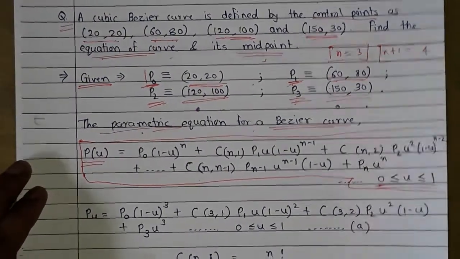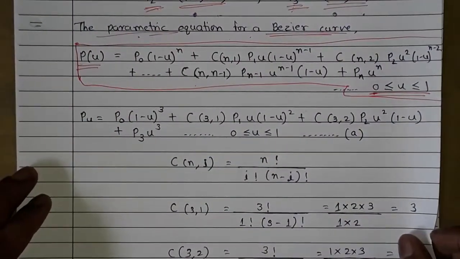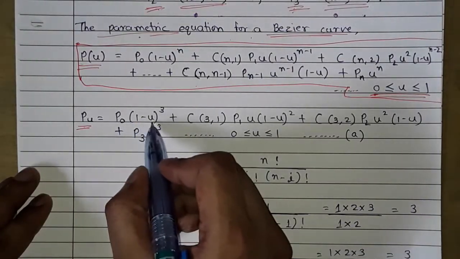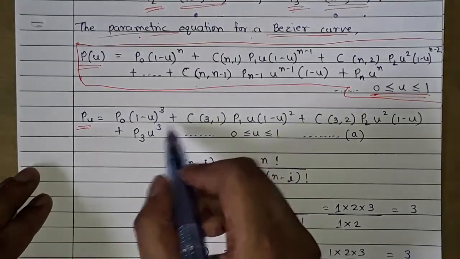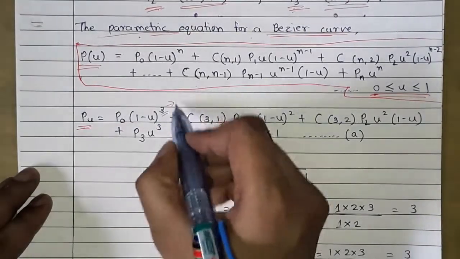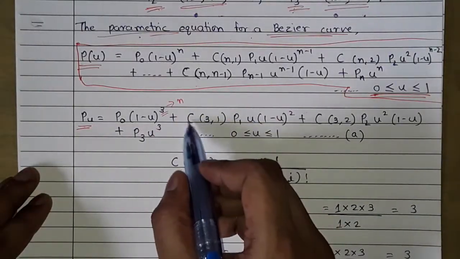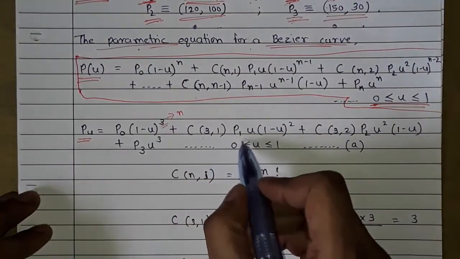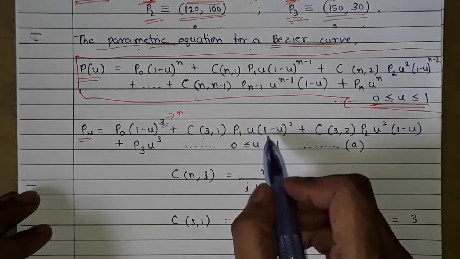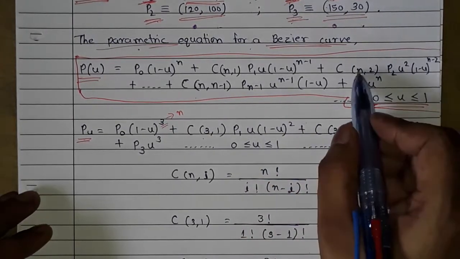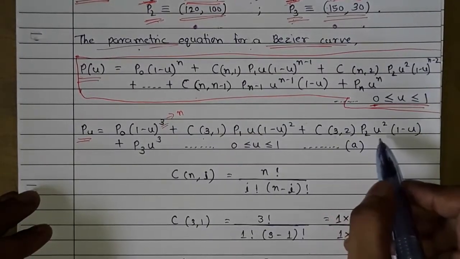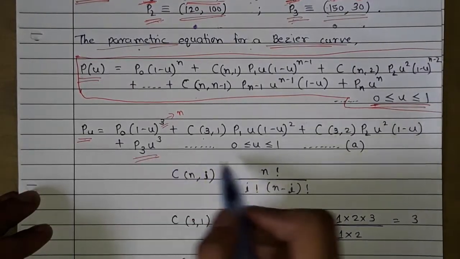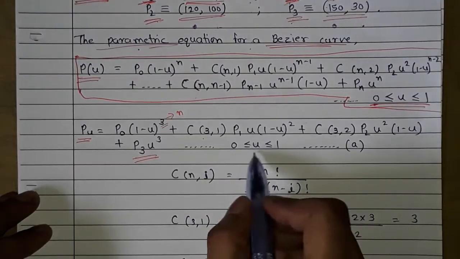So here friends, this general equation becomes P(u) = P0 (1 - u)^3, where 3 is our n, the degree of polynomial, plus C(n,1) P1 u (1 - u)^2, and also C(n,2) P2 u^2 (1 - u), plus P3 u^3 for 0 ≤ u ≤ 1.